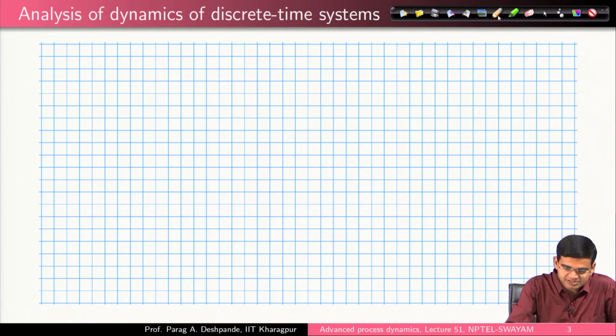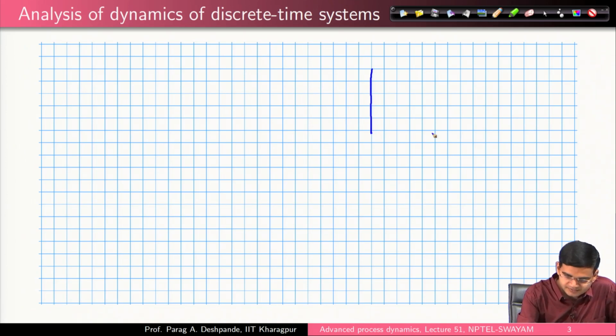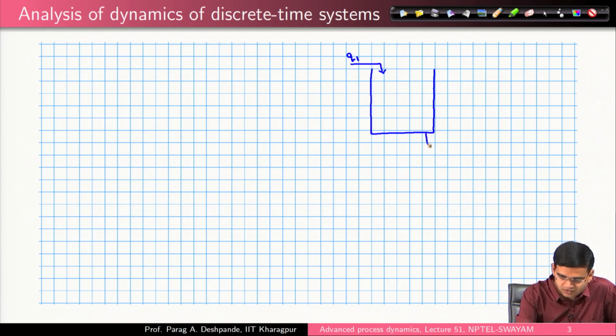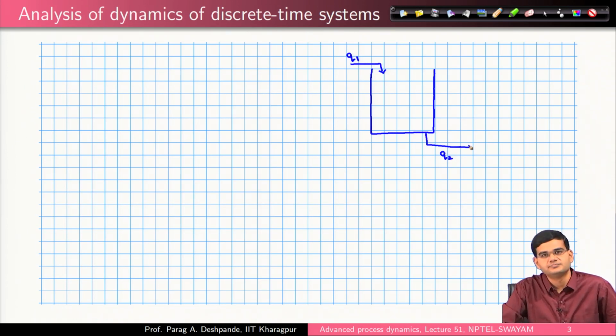Imagine I have this tank where you have an inlet stream q1 and an outlet stream q2 comes out, and this q2 is fed to the cooling jacket of a CSTR.